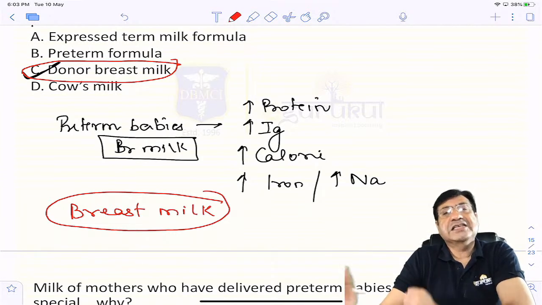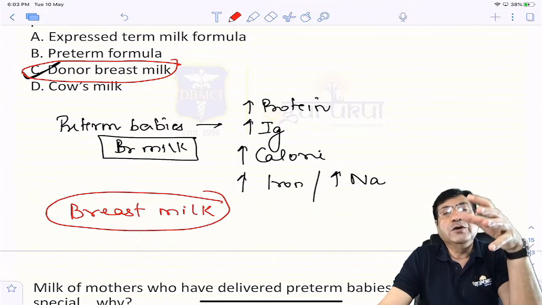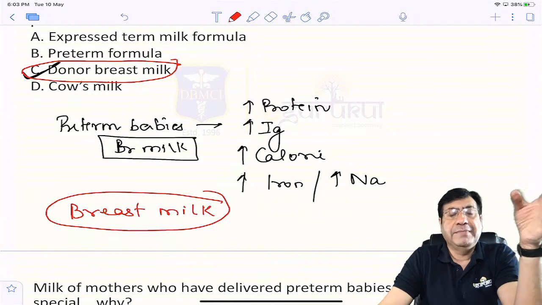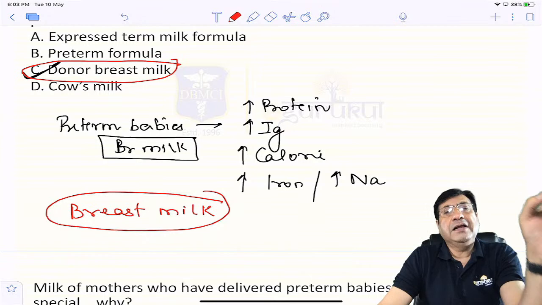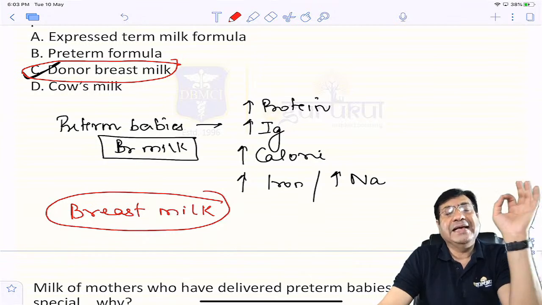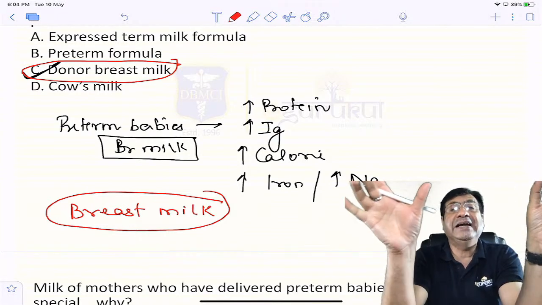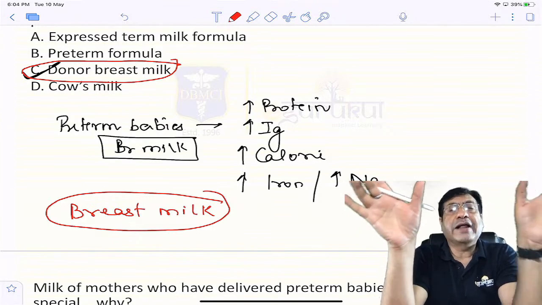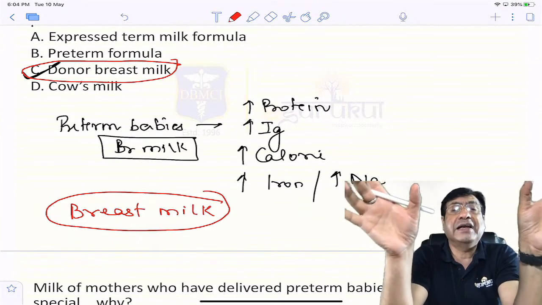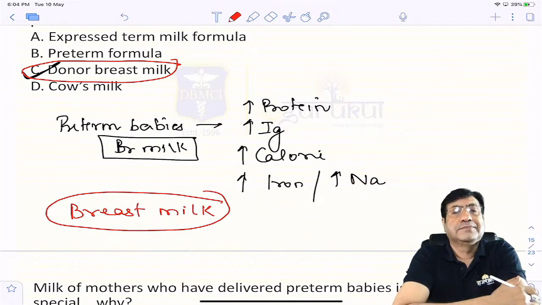But that pasteurization has other problems. It actually is known to reduce many bioactive compounds in the milk. But even then, a donor breast milk for a preterm baby is the best milk, especially because studies have clearly shown that when a donor breast milk is compared with a preterm formula milk, the risk of necrotizing enterocolitis can be significantly reduced by using the donor breast milk compared to a preterm milk.